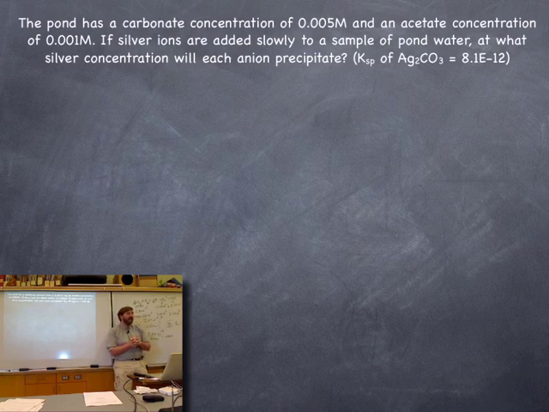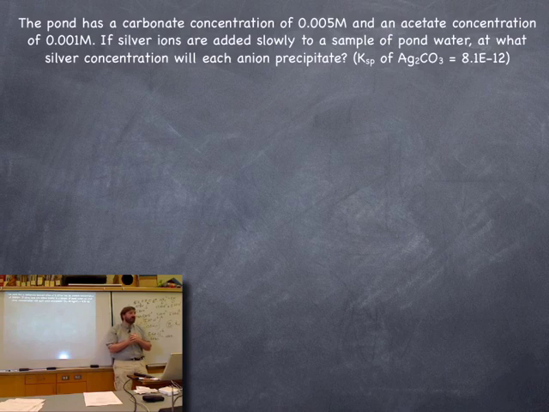I want to take a sample of the pond water and remove the acetate and the carbonate. So I'm going to add silver ions a little bit at a time, like a titration, by adding, say, silver nitrate solution. Silver nitrate is a good source of silver ions, highly soluble, so basically a solution that has silver ions.